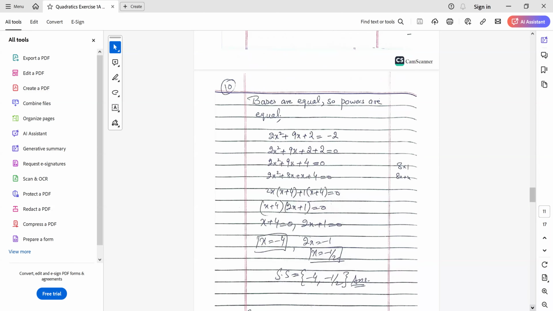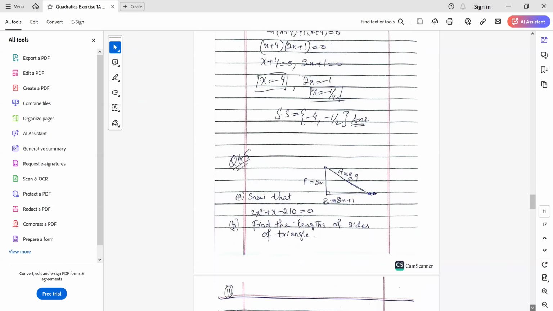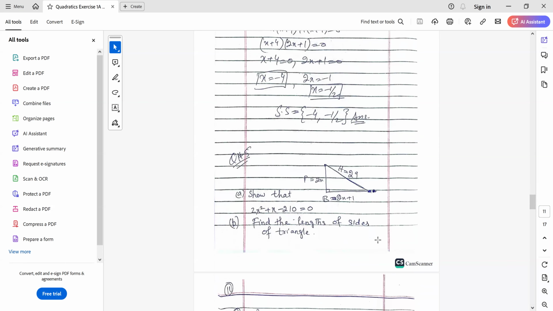This is a right triangle, you know. So on a right triangle, you can apply the Pythagorean theorem, or Pythagorean statement or Pythagorean formula, whatever you name it.